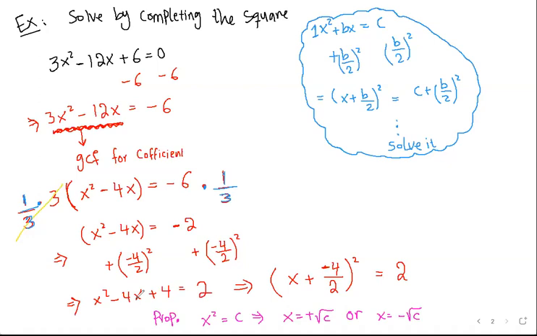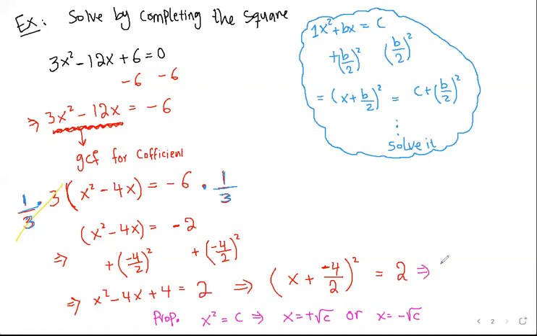Martin asked, why did you not write it as x minus 2 times x plus 2? The factor for x squared minus 4x plus 4 is x minus 2 times x minus 2. And x minus 2 times x minus 2 is x minus 2 everything squared. And this is what I get here.